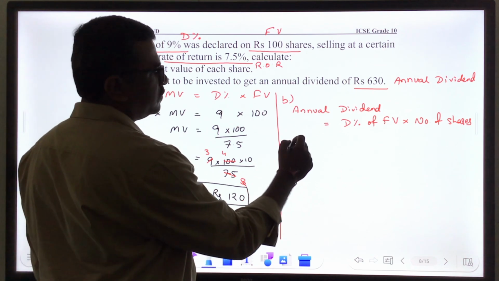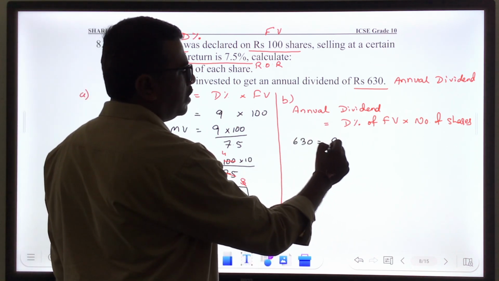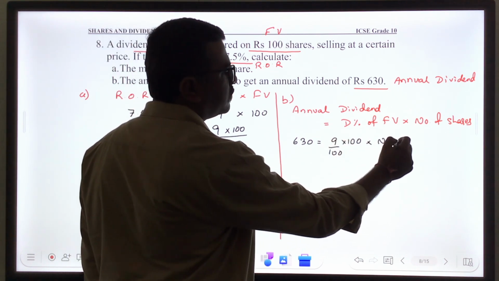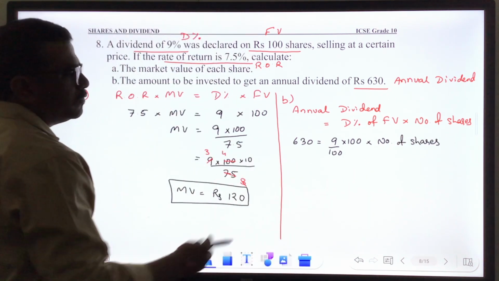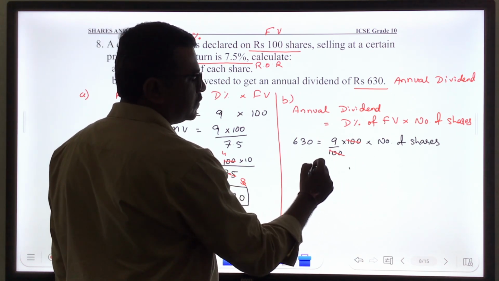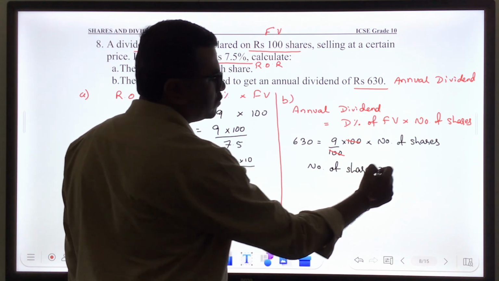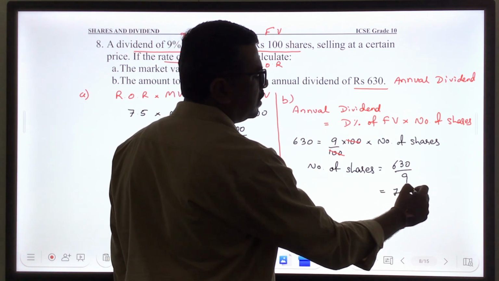So 630 is equal to 9 upon 100 into 100 into number of shares. So reducing 100 and 100, we get number of shares equals 630 divided by 9, which is 70 shares.